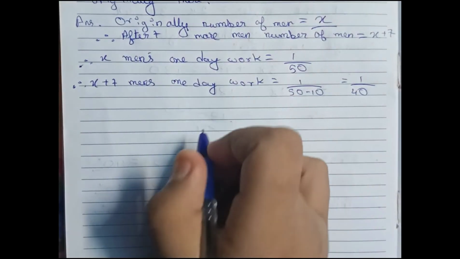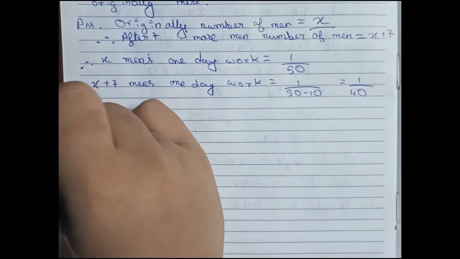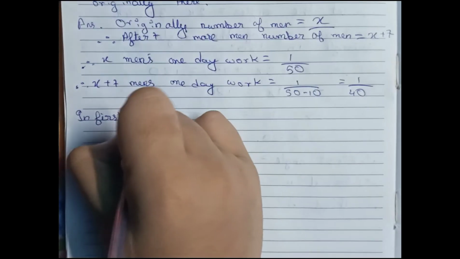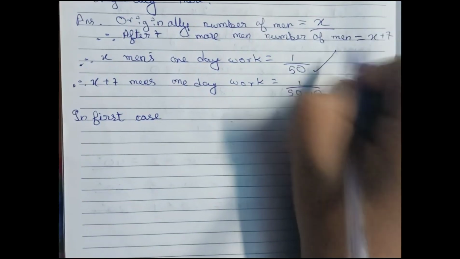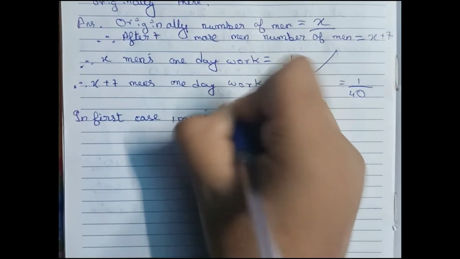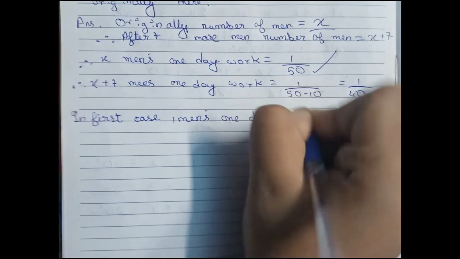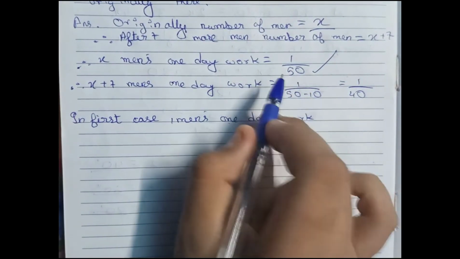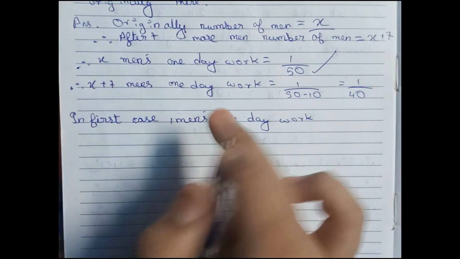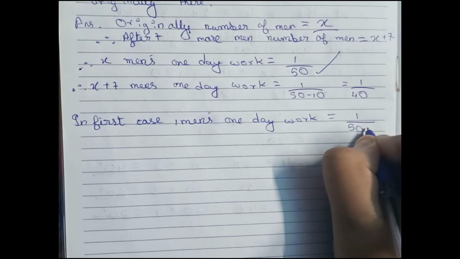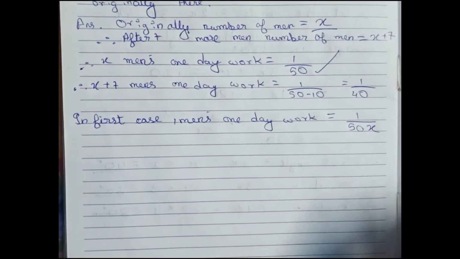So now you write, therefore in first case, that is this case, it will be 1 man's 1 day work. So x men can complete the work, 1 day work is 1 by 50. So therefore 1 man's 1 day work will become 1 by 50 into x, that will be 1 by 50x.